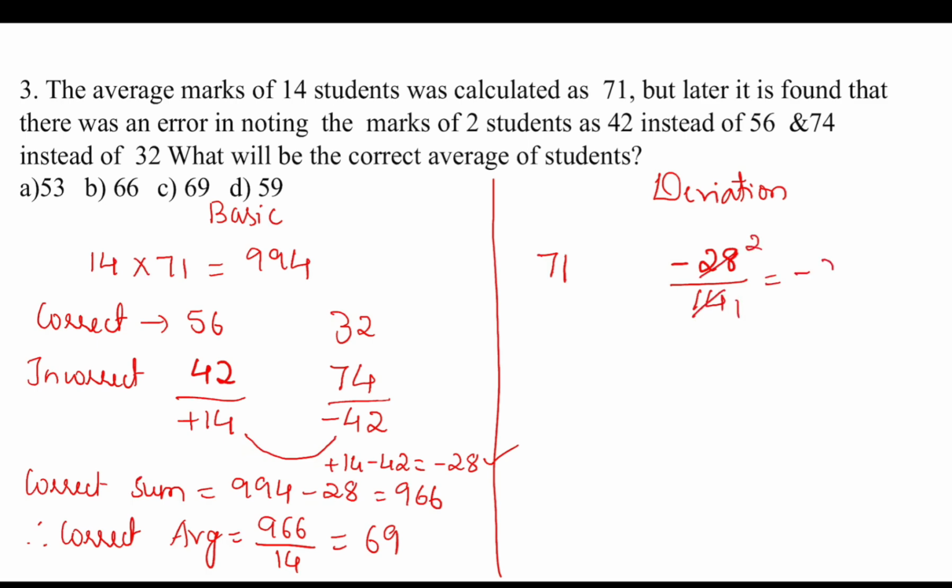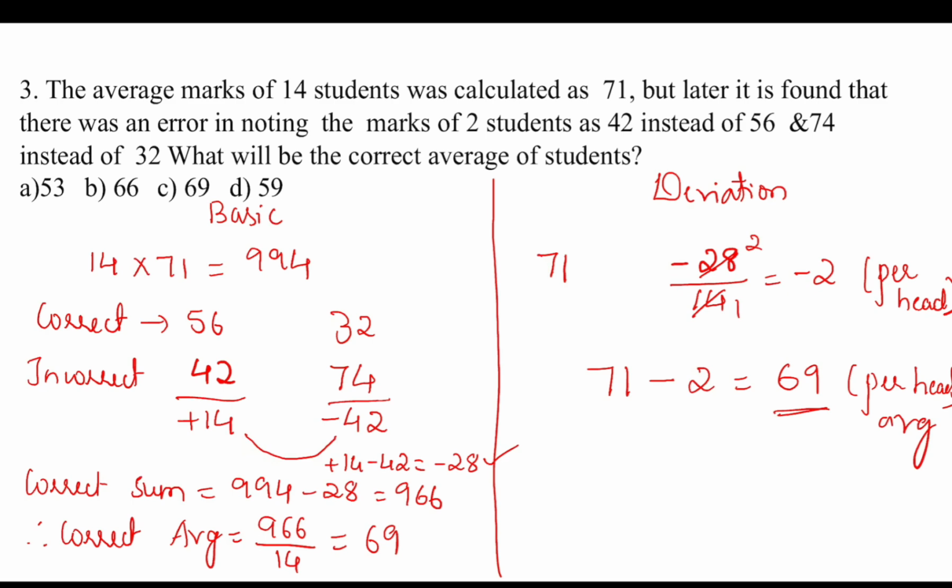So 2 marks per head. If 2 marks are deducted, then we will get the actual average. Per head it was noted as 71, minus 2 gives 69. So the average will be 69.